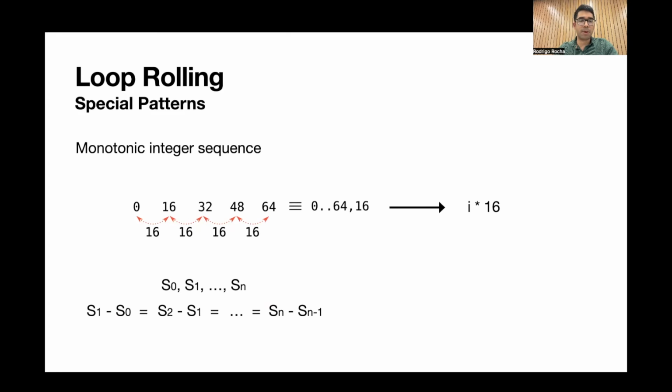If this requirement holds, then we can produce the code inside the loop to represent this sequence. The general formula would be the first value of this sequence, S0, plus the iterator times the difference between two adjacent values, in this case, S1 minus S0.